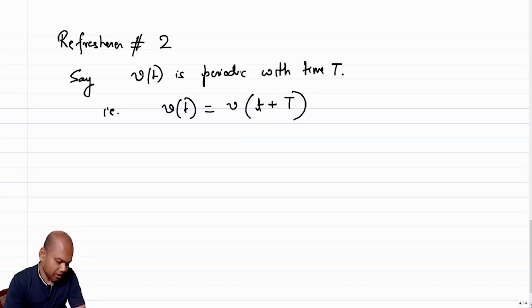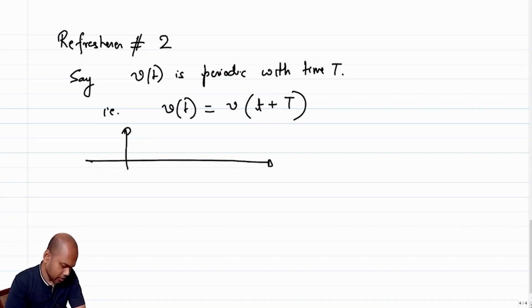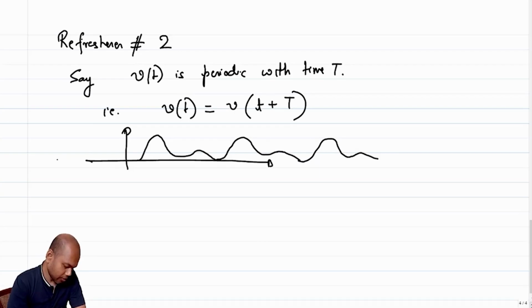An example, I mean, you can always draw something which is periodic. So let's say you have a V(t) which is something like this, and then the same thing repeats. Here also you see something like this, and so on.